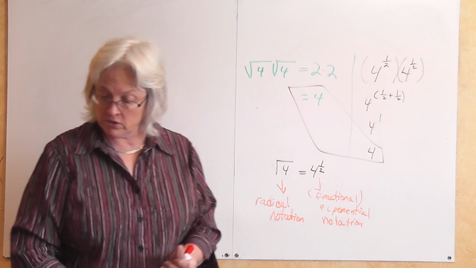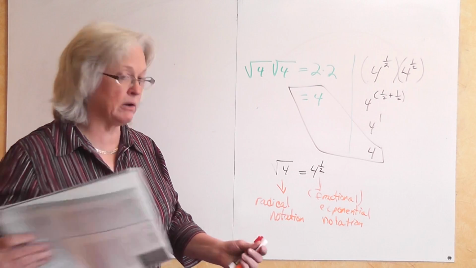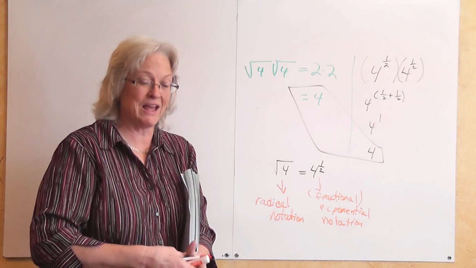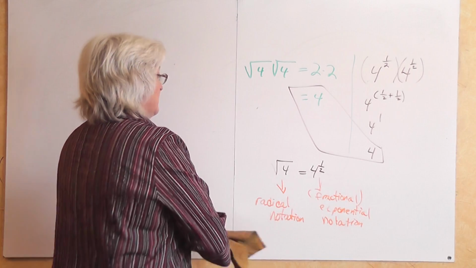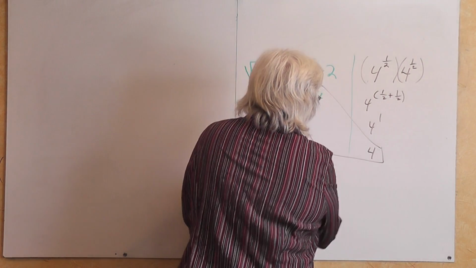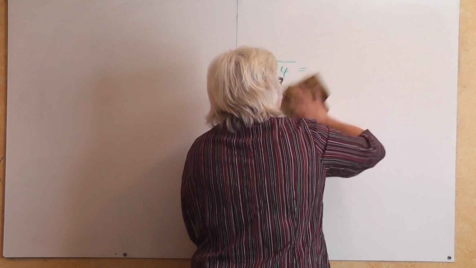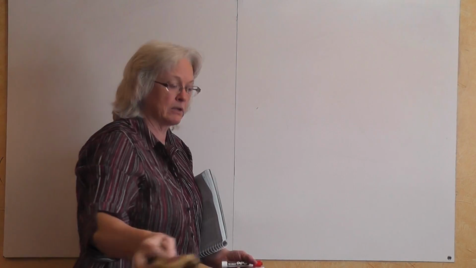Now, let me show you another definition here. This is something that you're simply going to have to learn and be able to apply. It looks weird, but it's a pattern that you can learn to recognize.